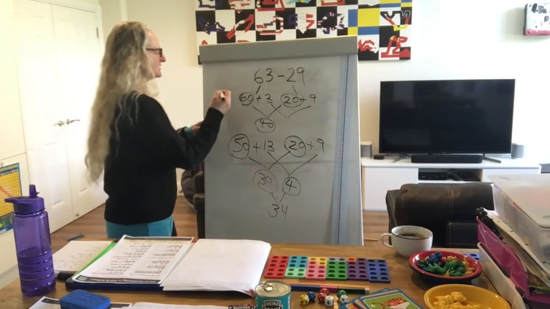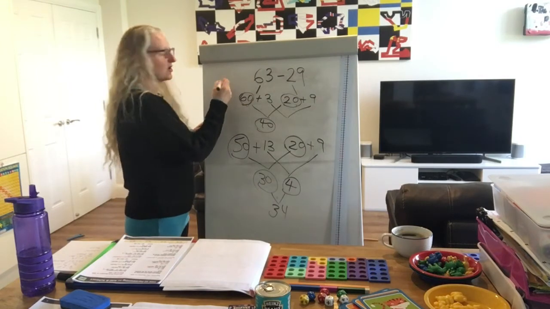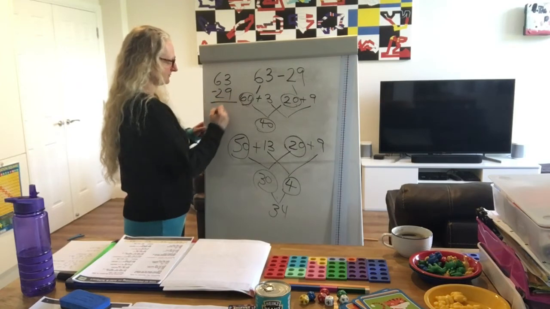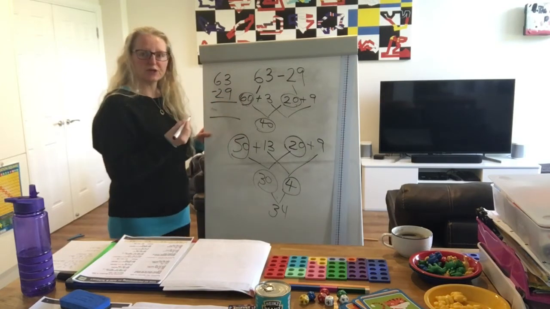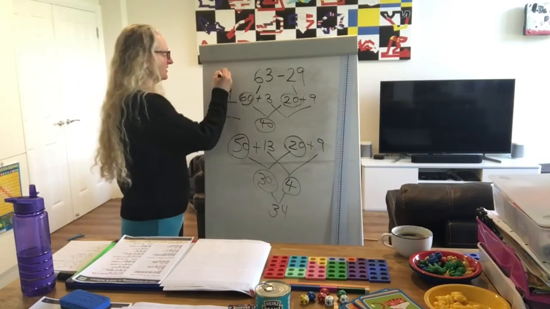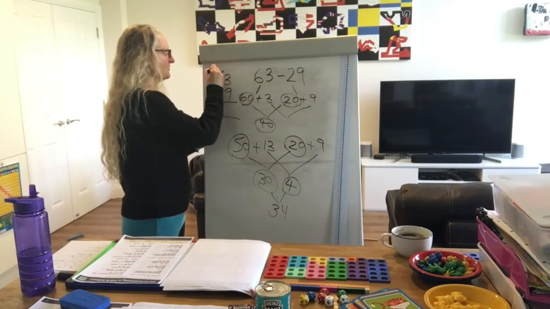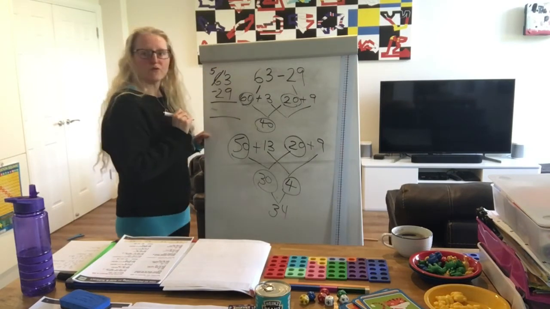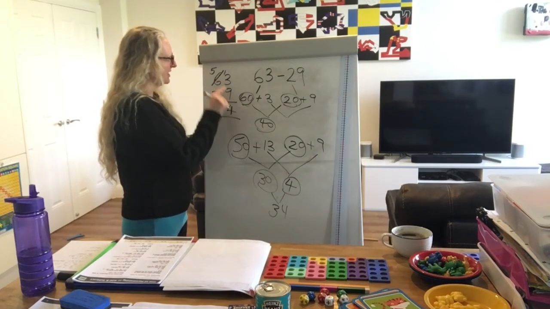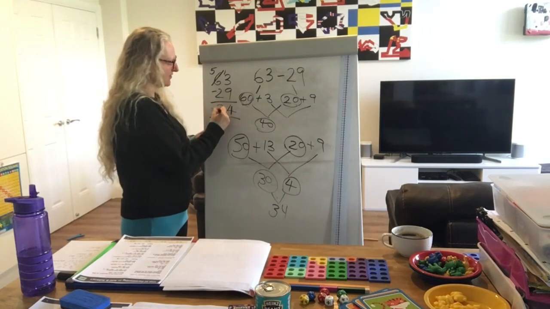And what I want to demonstrate now is if I were to write this in columnar fashion, 63 minus 29, what I would do is 9 from 3, I cannot do. I'll exchange one of my tens for 10 ones. So now I've got 13 minus 9 is 4 and 5 minus 2 is 3.